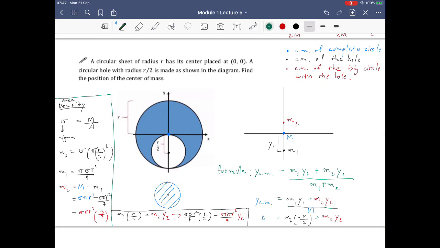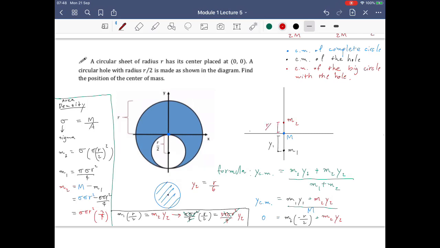Now you can cancel pi, you can cancel sigma, you can cancel r square, you can cancel 4. So now you can see that finally what we have is y2 must be equal to r over 6.